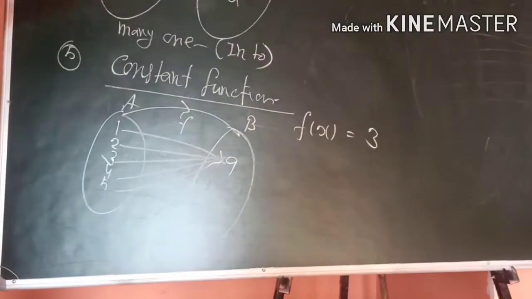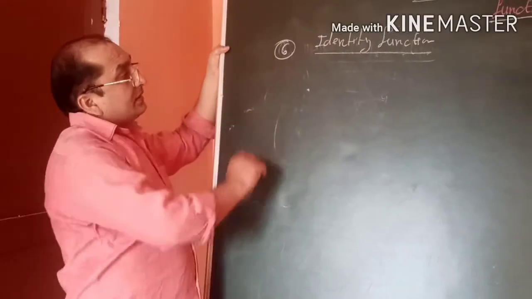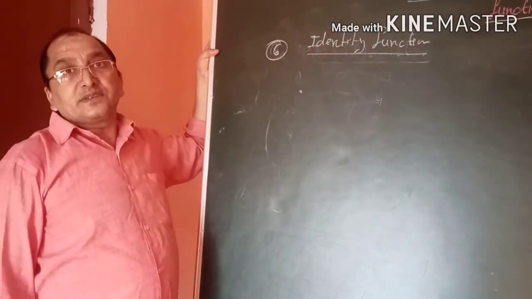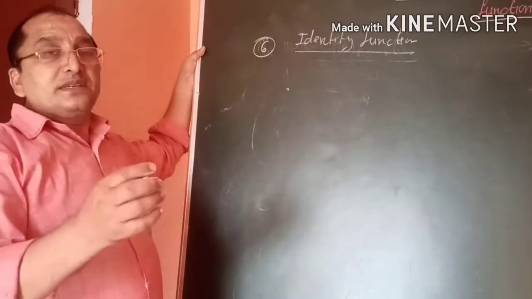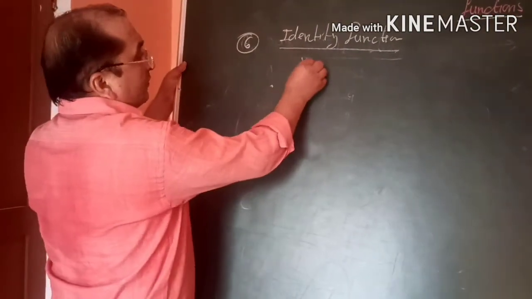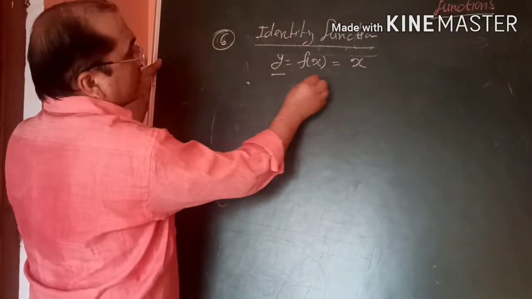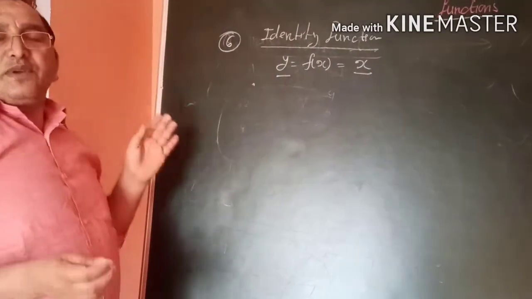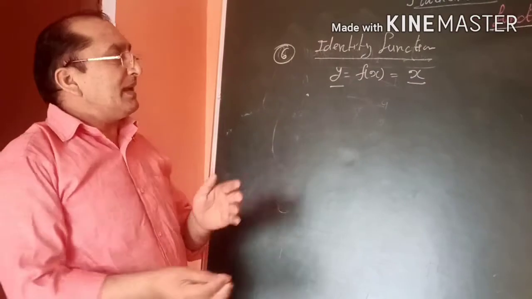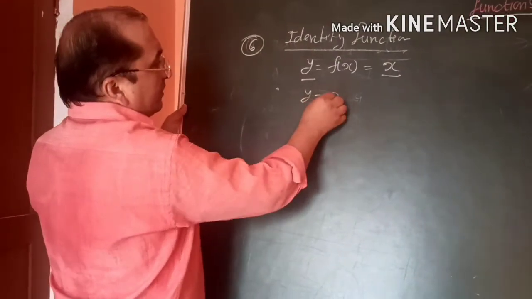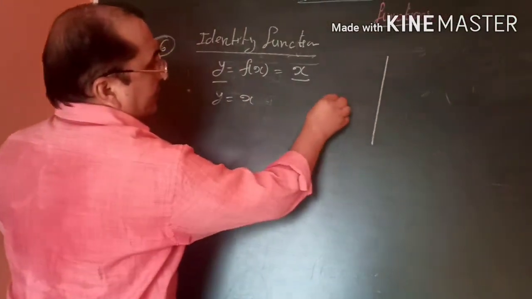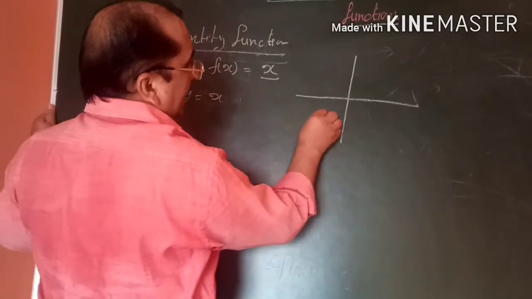Then come to the identity function. Identity function means a function where y equals f of x and f of x equals x. It means y equals x. Whatever value we have for y is the same as x. So y equals x; if we draw the graph, we get it like this.